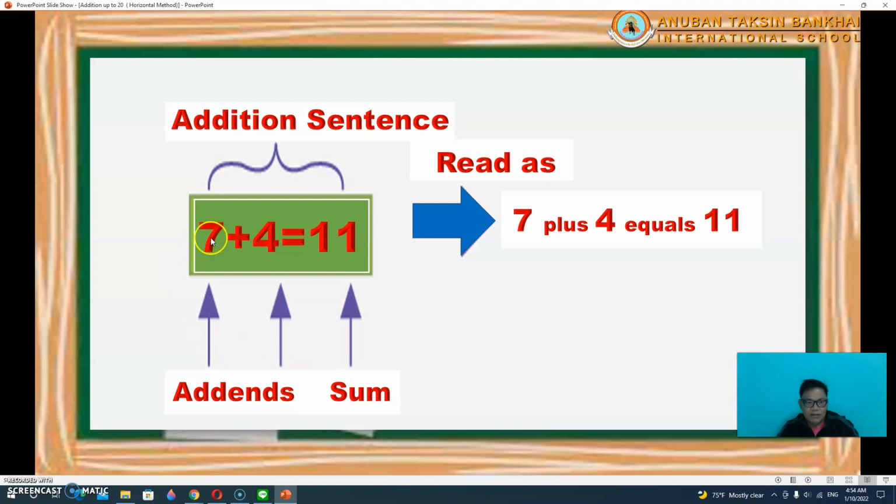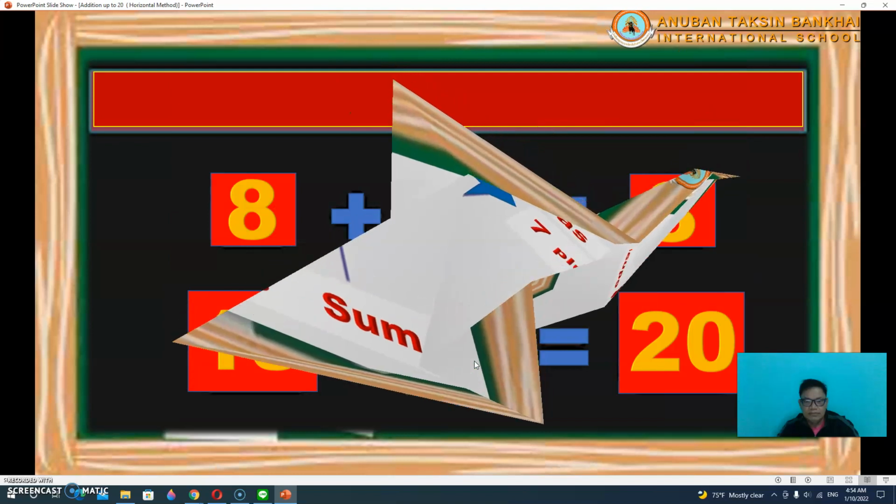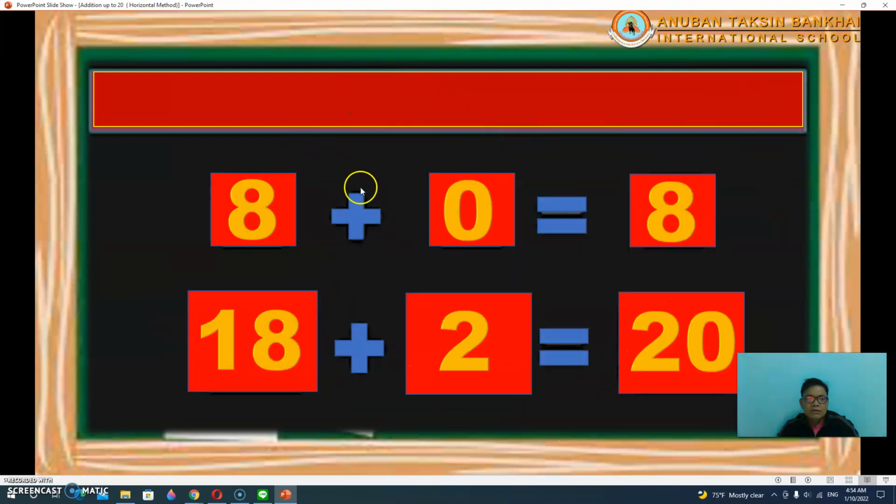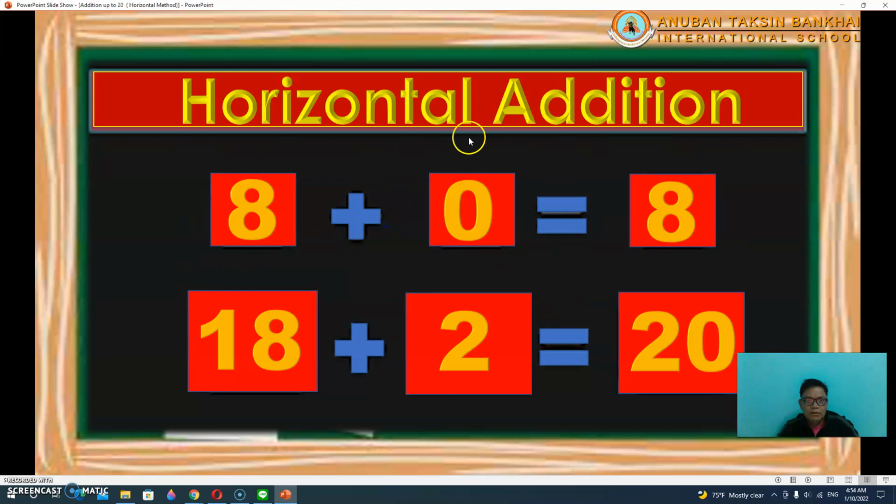This is an example of horizontal addition. 8 plus 0 equals 8. 18 plus 2 equals 20.